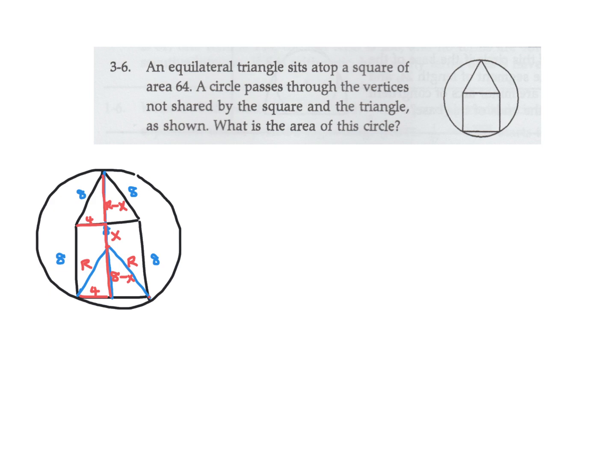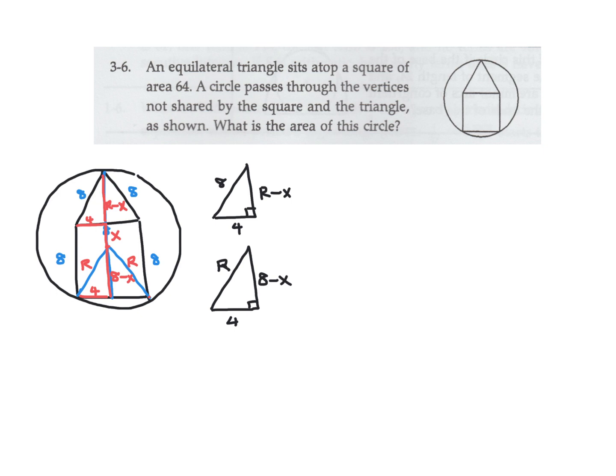I'm going to draw them again because I want them to be clear. The first triangle up top is a right triangle, and this is R minus X, this is 4, and this is 8. And then this one is 4, R, and 8 minus X. Now obviously, with those two triangles, we can use Pythagoras to get relationships.